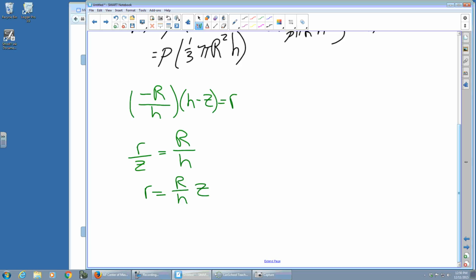Now this may come out to the exact same thing. Let's see. If we were to distribute that, we would get negative R, minus z big R over H equals little r.